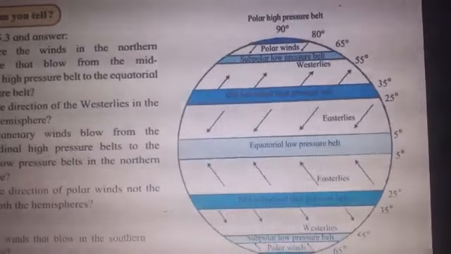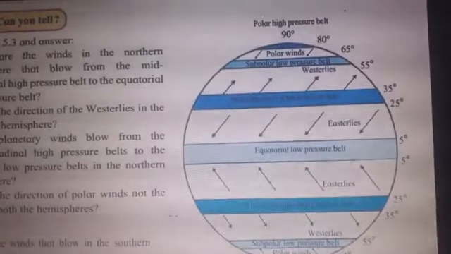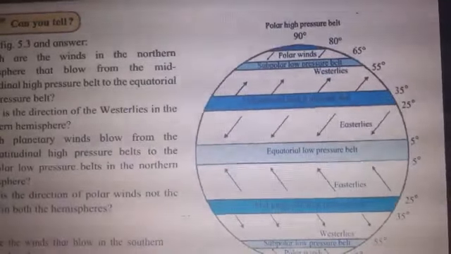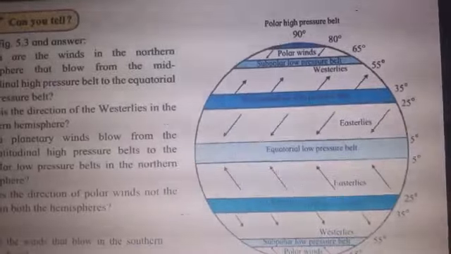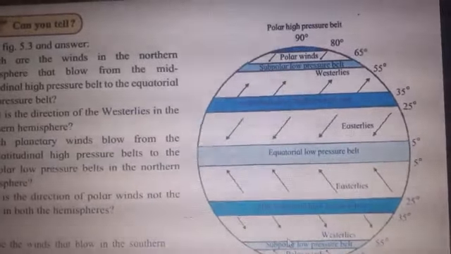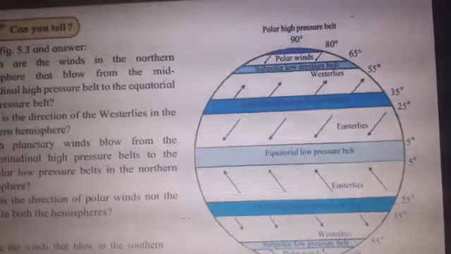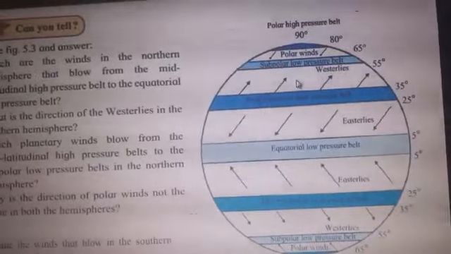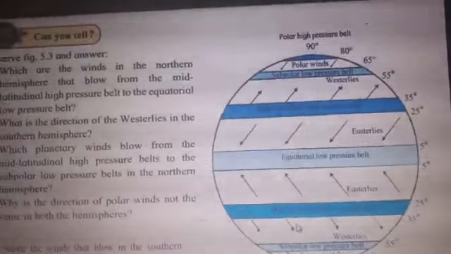You will find that the winds blow from high pressure belts. Here it is a high pressure belt, this is a low pressure belt, then this is a high pressure belt. So the winds are blowing from high pressure areas, from the north pole towards the equatorial region, and in the same way from the south pole towards the equatorial region.